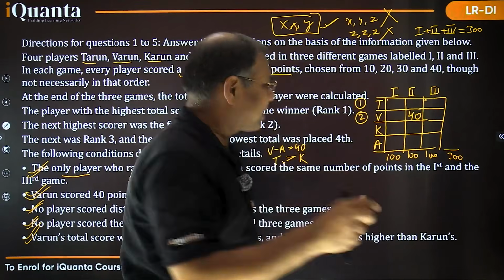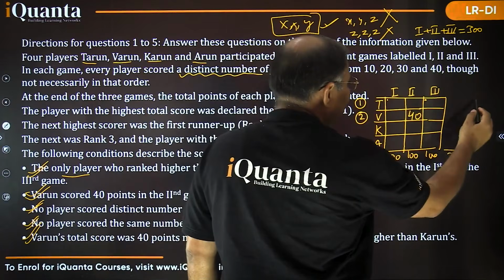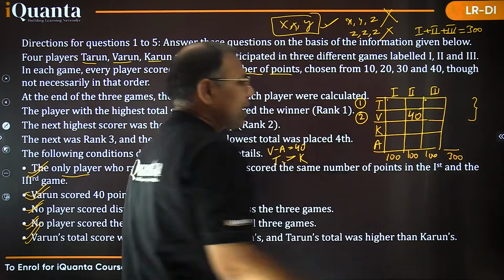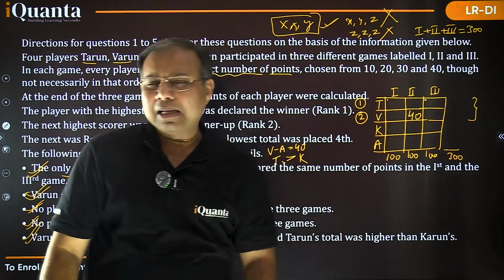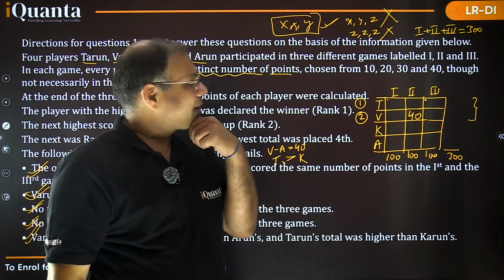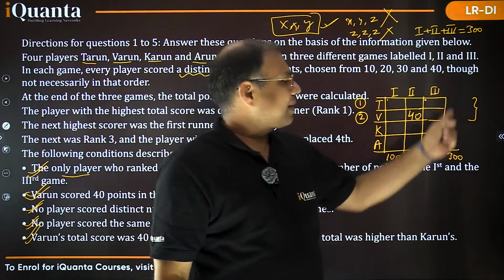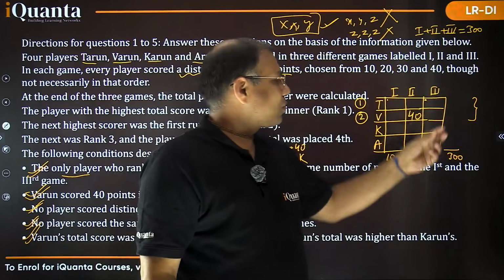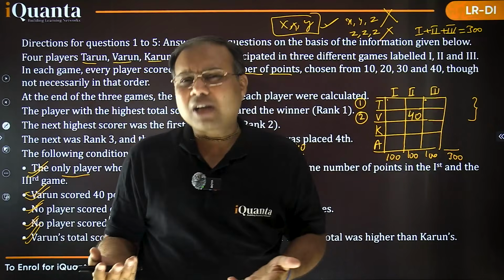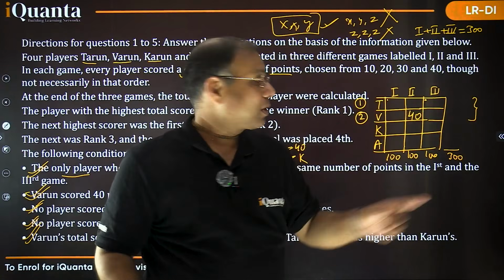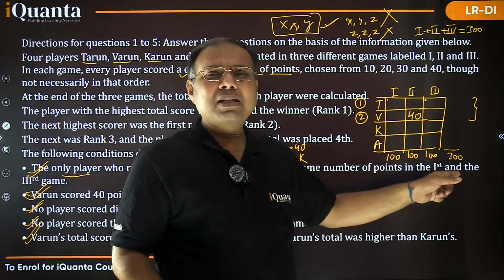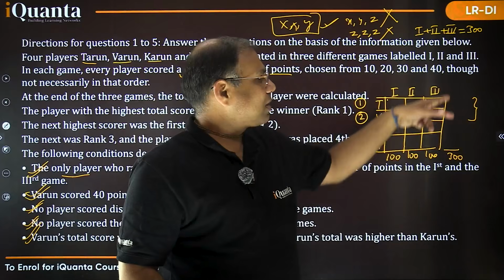Can you say something about the total combined score of these first two rankers? Let's try to think. If we are talking about these two, then their score will be more than half of 300, won't it? It should be certainly more than half of this value, right? What is half of this? 150, right? So if it is 150, then this will also be 150.